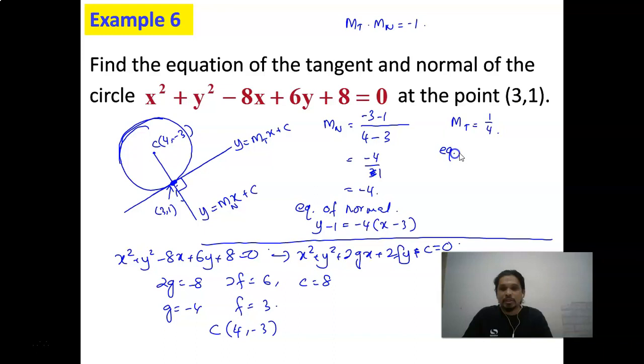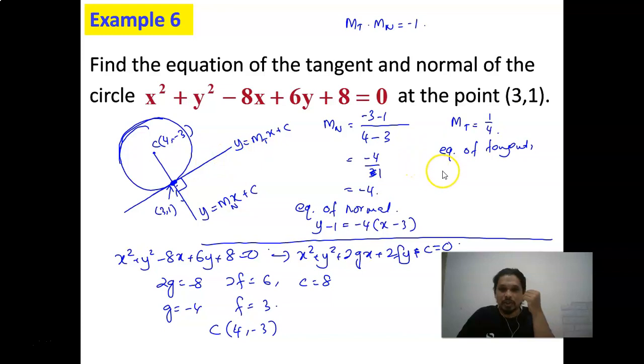And the equation of tangent, again the line passing through 3 and 1. You may also use this one here for the equation of normal, yes, this is the line: y minus 1 equal to negative 4 times (x minus 3). For the equation of tangent, you can only use this one here.